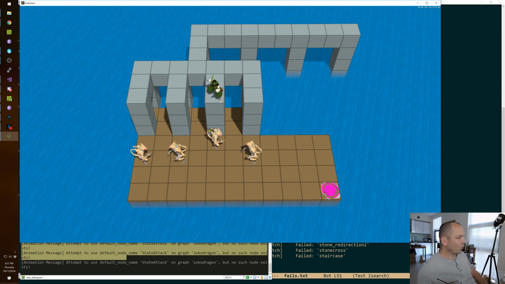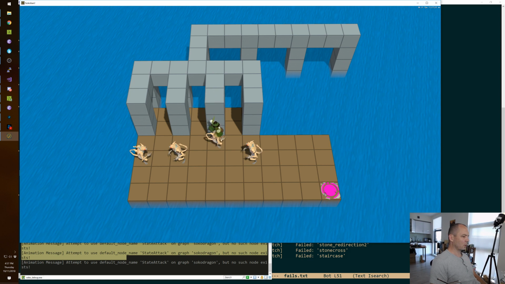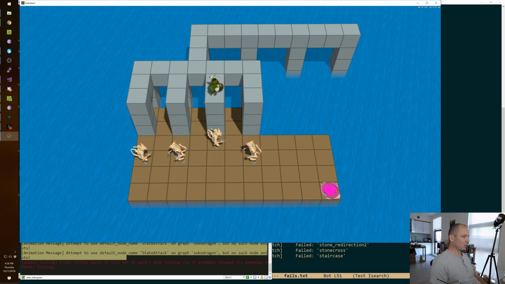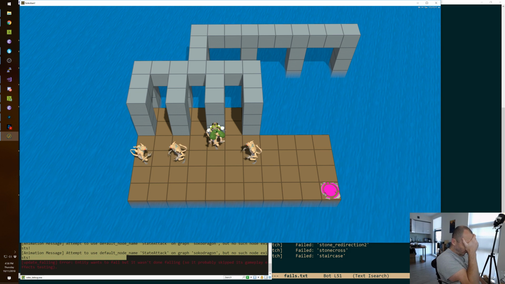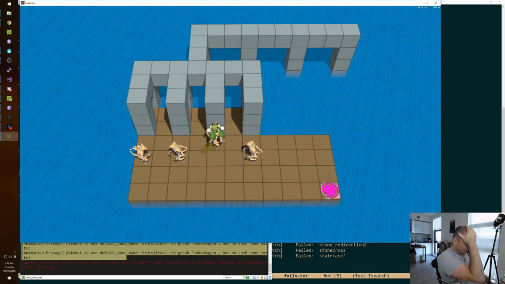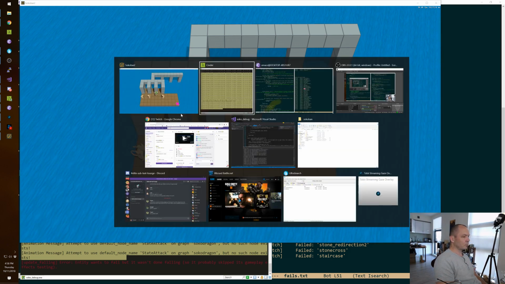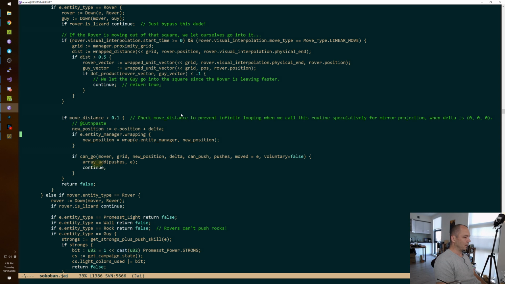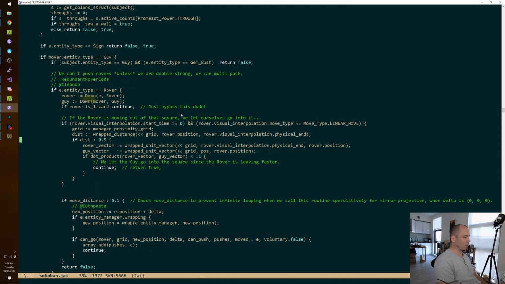So we broke the thing. We broke the thing where the thief kills stuff from above.